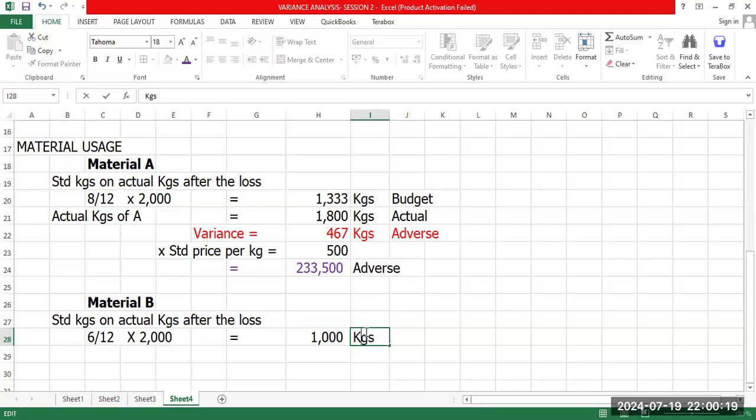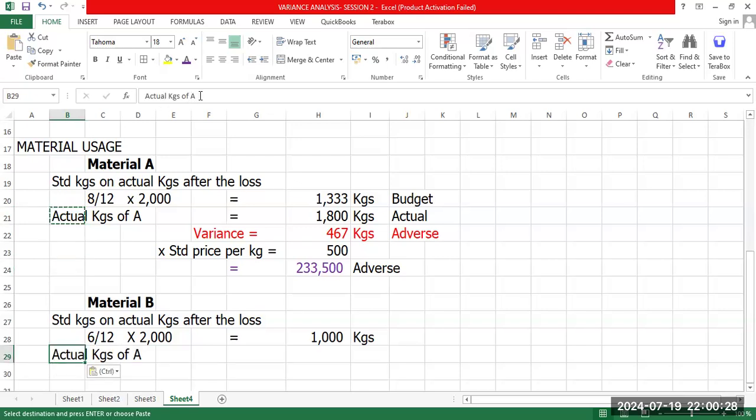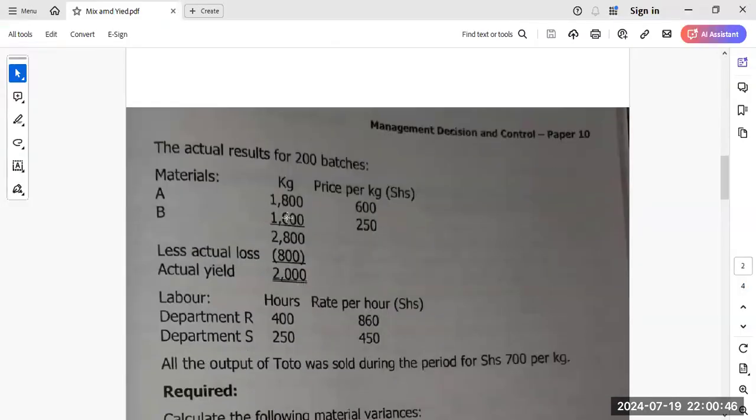Then what is the actual kgs of material B? Based on our question, the actual kgs of material B is 1,000.